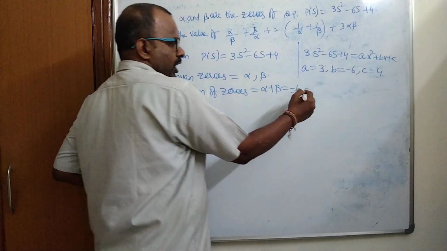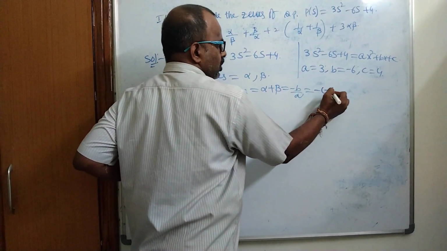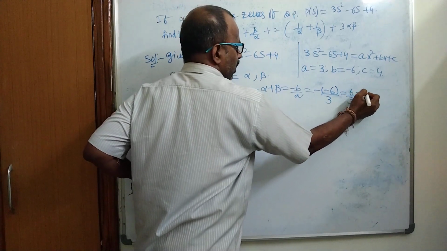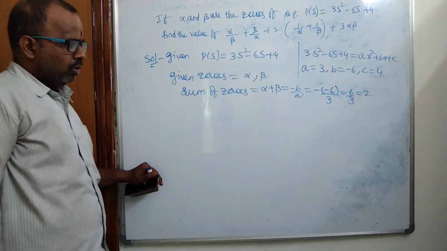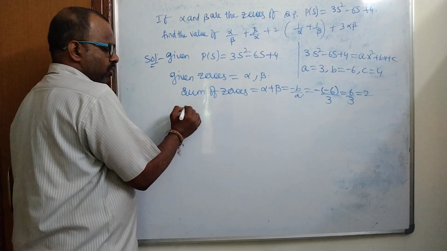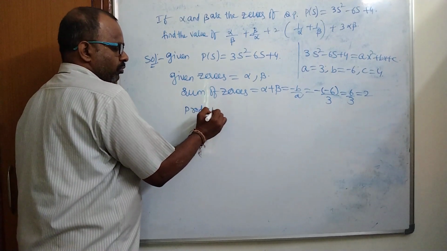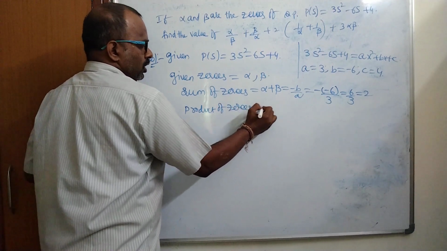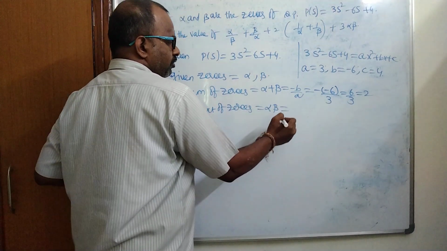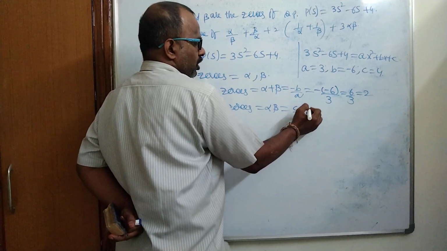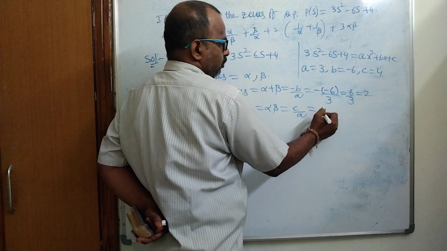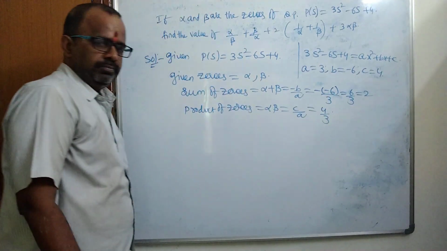So minus b by a is minus of minus 6 by 3, that is 6 by 3, which is 2. Then the product of zeros alpha beta is c by a, which is 4 by 3.